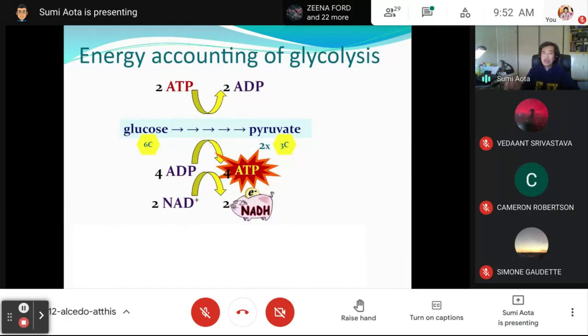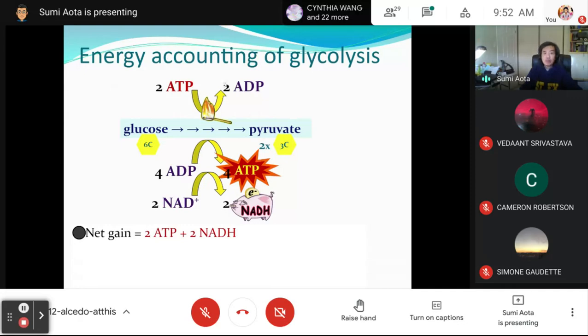Okay, energy accounting. We're going to use 2 ATP up to prep the glucose to break down. That's equivalent to the activation energy. When we do that, we're going to break the glucose down into 2 pyruvate molecules. That's going to produce a total of 4 ATPs and 2 NADHs.